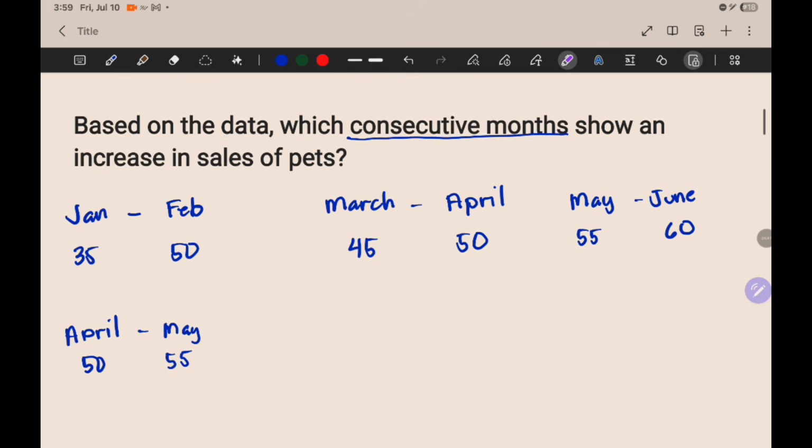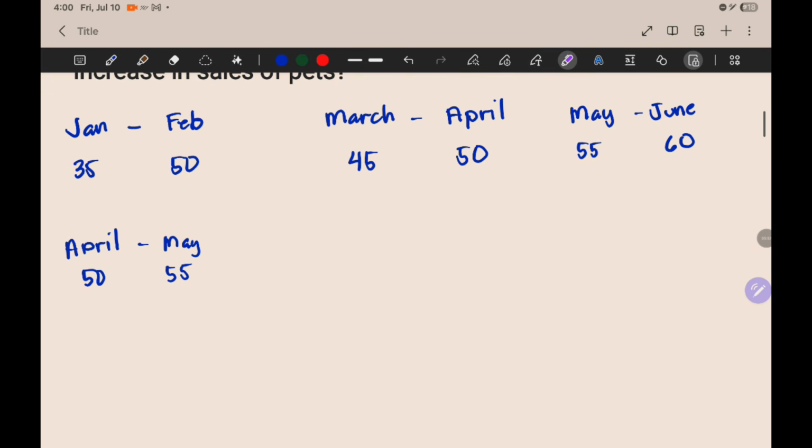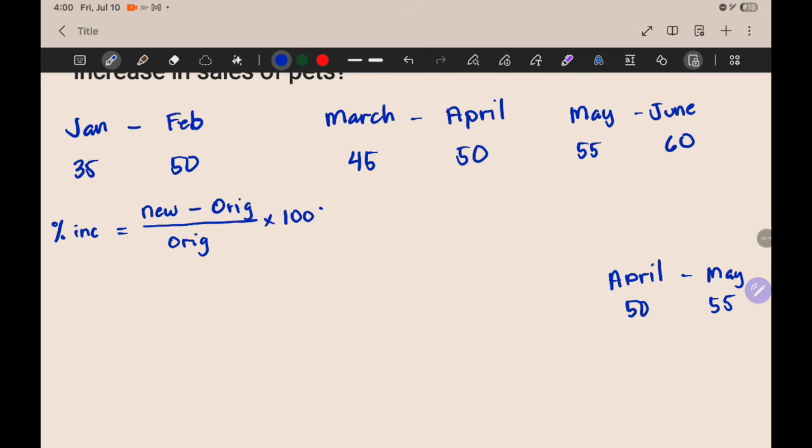Ayan. So, now, how are we going to compute for the percentage increase for each consecutive months? Let's solve first dito yung January to February. Using the formula, again, ang formula natin ay percentage increase is equal to the new value minus the original value all over the original value times 100%.